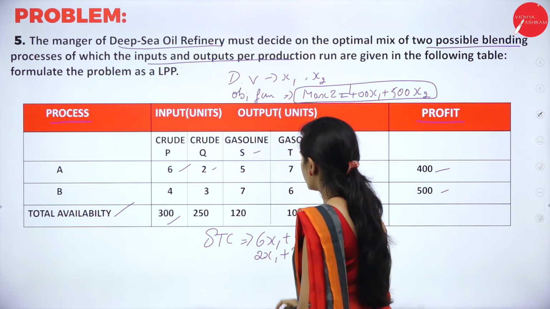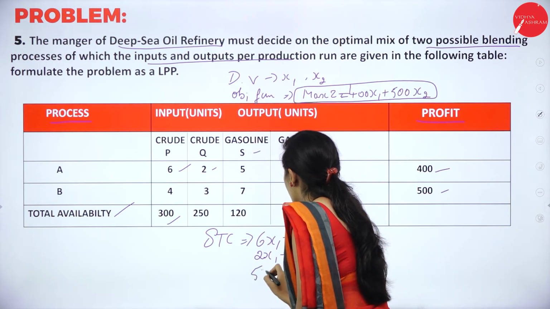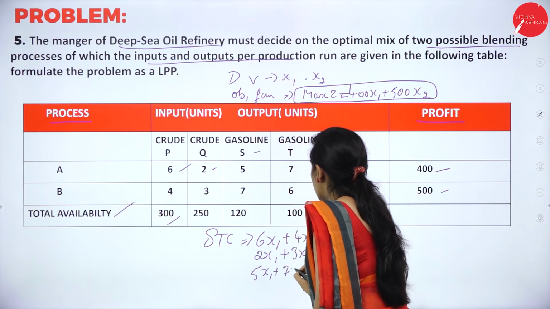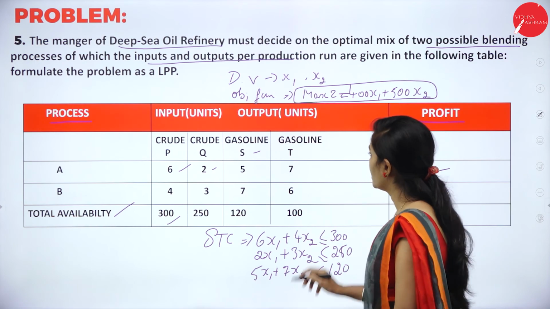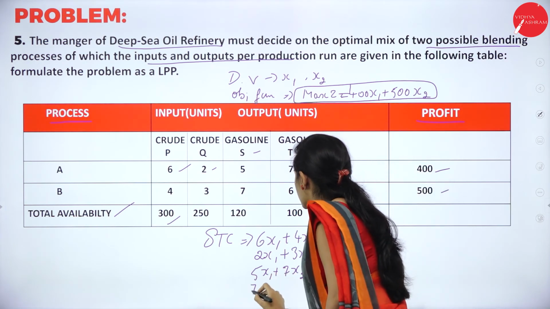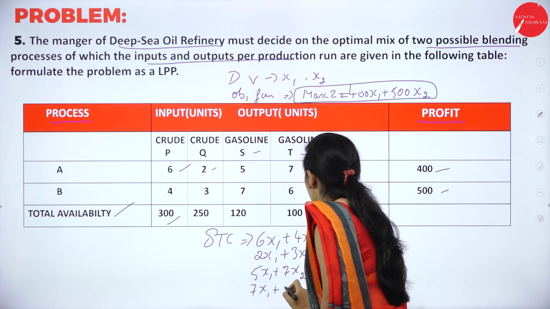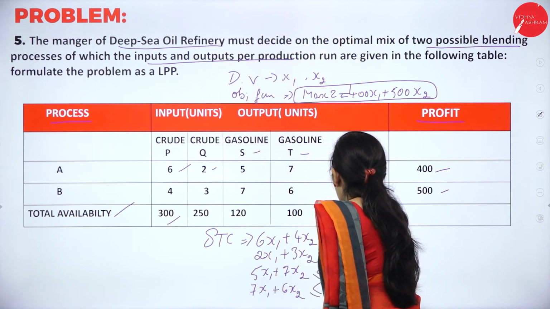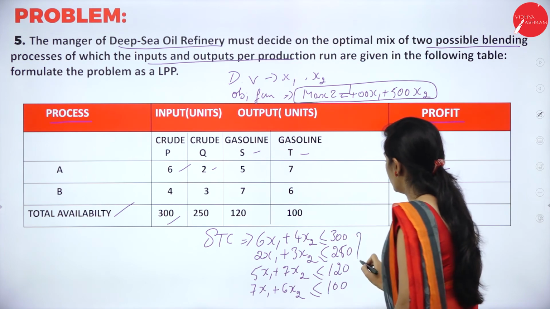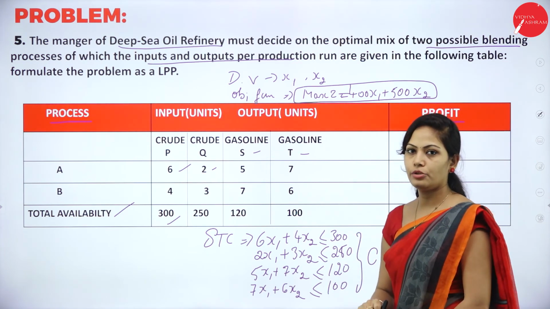And for gasoline: 5x1 plus 7x2 less than or equal to 120. And for the last: 7x1 plus 6x2 less than or equal to 100. So these are your constraints.